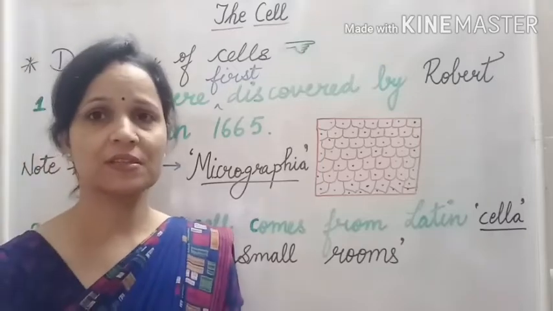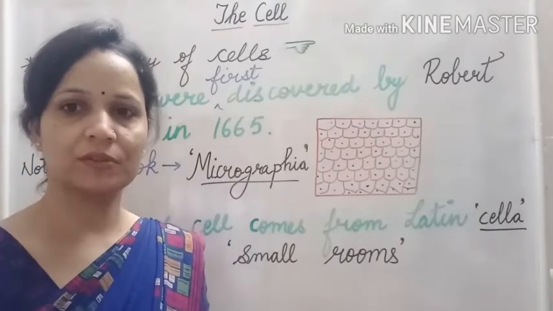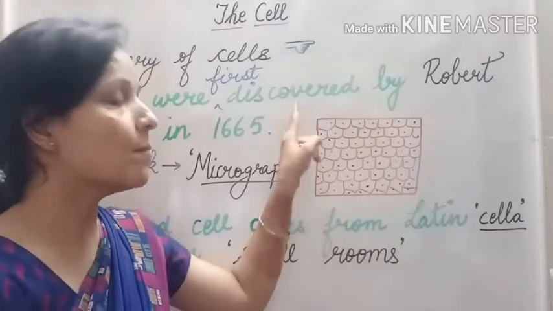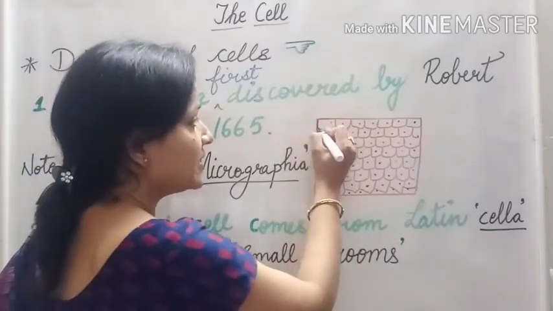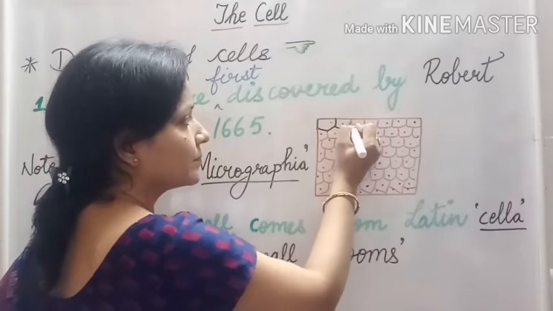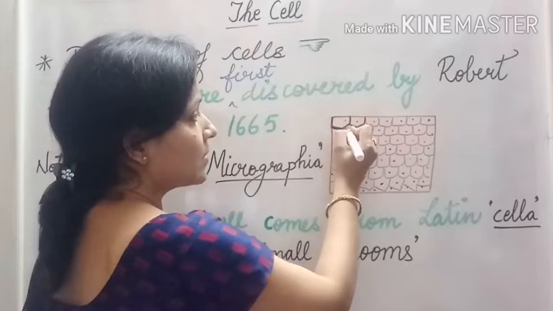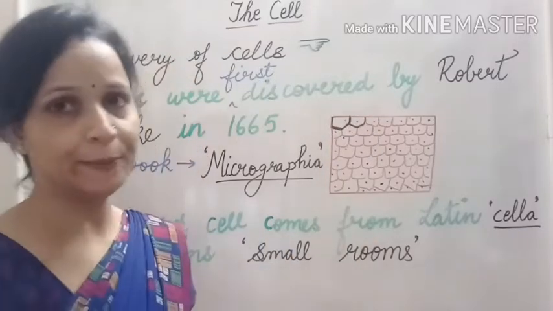Now the question arises, what did he observe? He observed that the cork was made up of many small chambers that he named cells or cellulae.